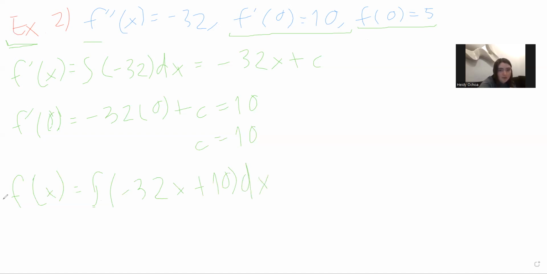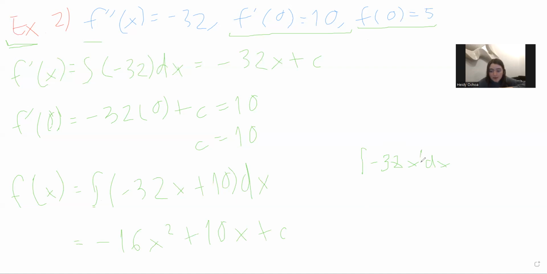And if we solve for this, you'll get minus 16x^2 plus 10x plus c, because of the integral of minus 32x dx.